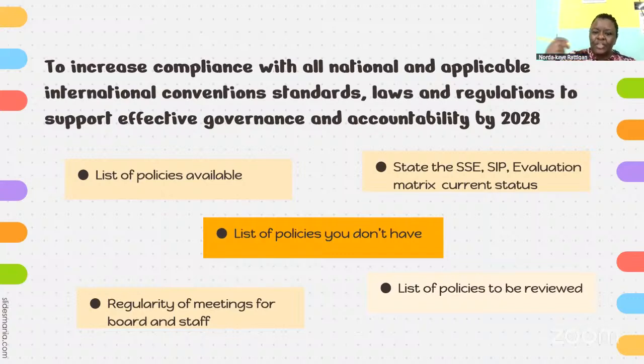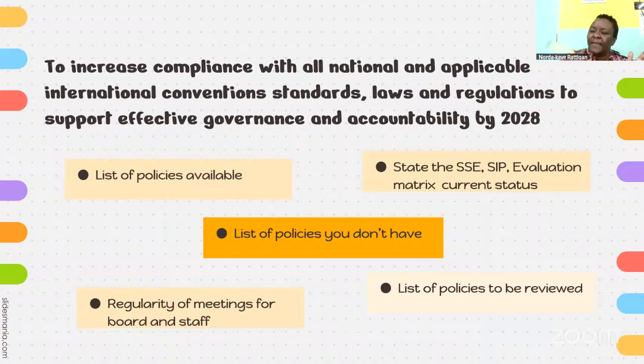Now, the policies that you have at school, you would have reviewed them in your SSC, and their shortcomings, this is where you plug them in. So if you need to review your safety and security policy, this is where you put your baseline data. This is where you say what you're going to fix in your safety and security policy. List the policies that you don't have, those that you know that you're supposed to have and you need them. This is where you look at it.